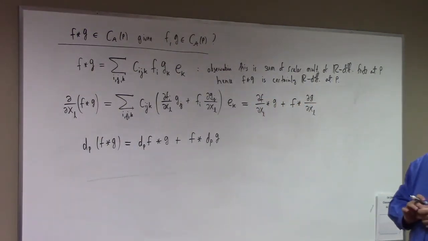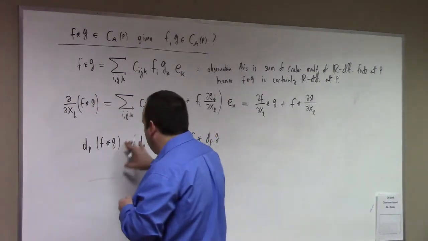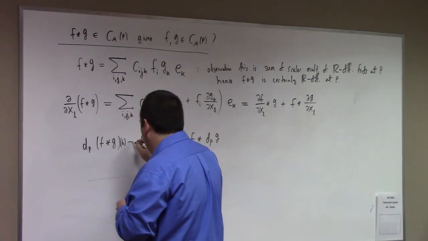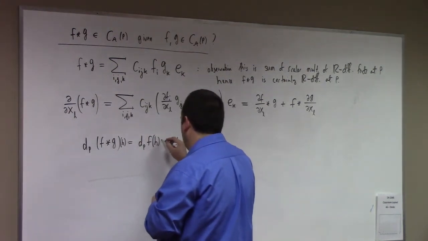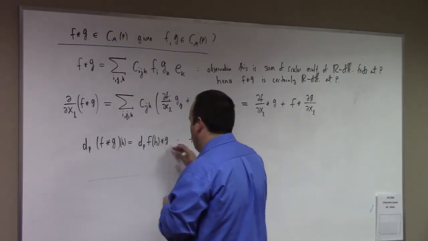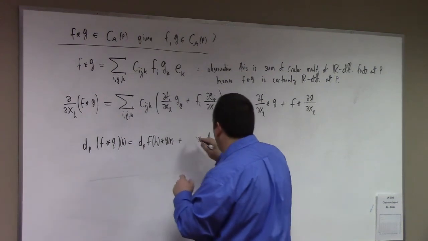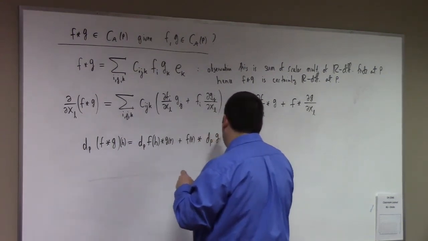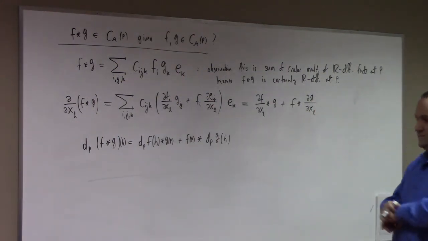Now, what do I mean by that? Let me be more careful. I mean, there's some ambiguity there possibly. So let me feed it a point h. Where does the h go? It goes here, right? And to be clear, that's g of p. That's f of p. That's dpg of h. Okay, they're obnoxious, but there it is.